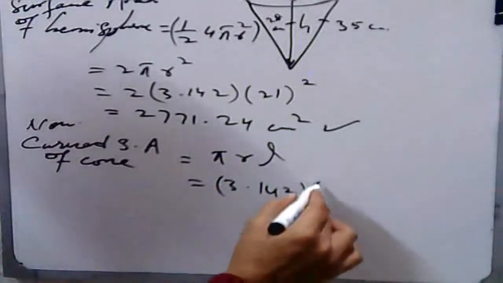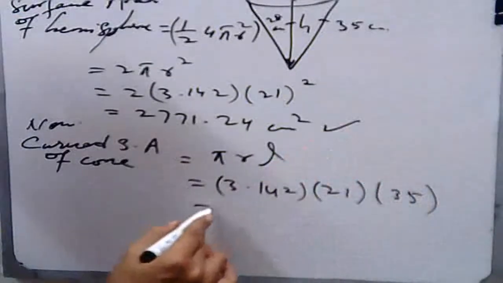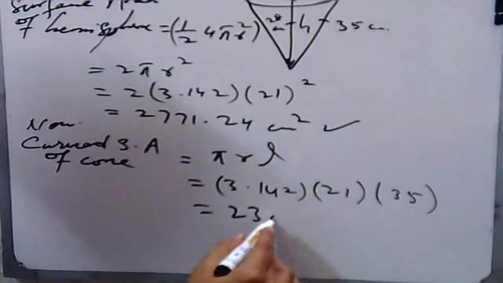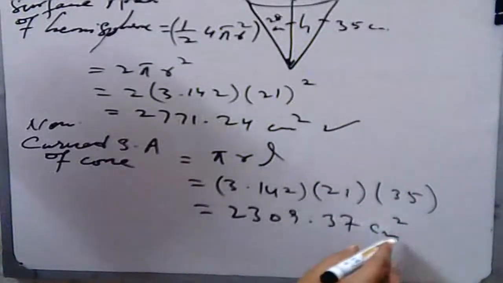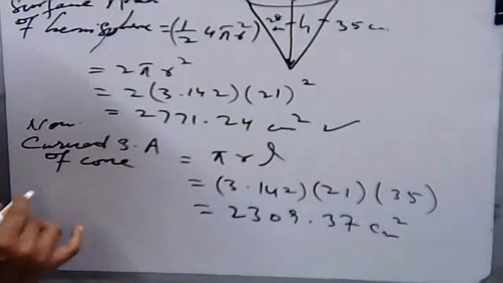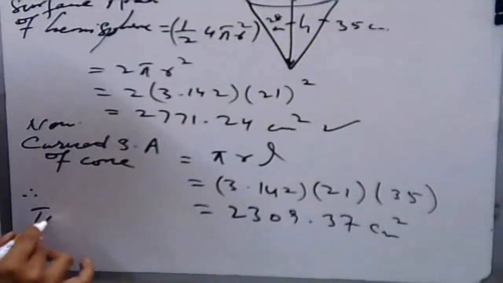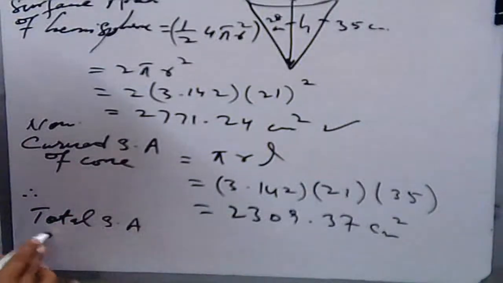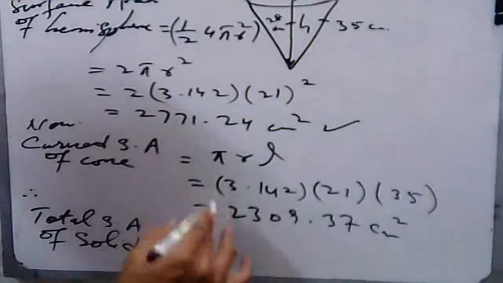Therefore now total surface area of the given solid or given figure, that is full fig, you have to add both the results, that is 2309.37 plus 2771.24, so you will get the total result, that is 5080.61 centimeter square.